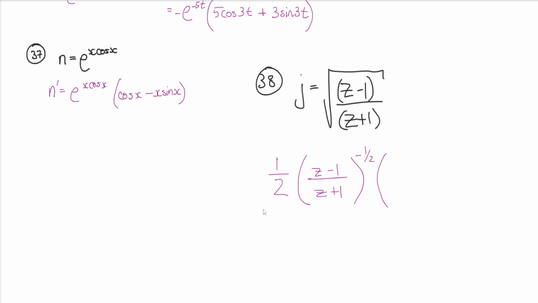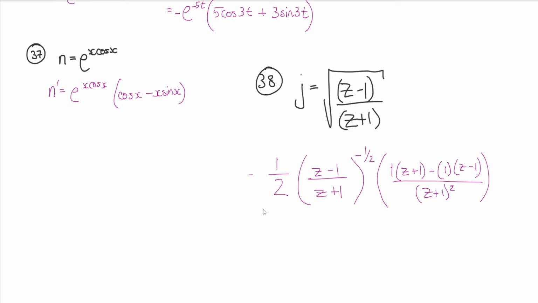So it's the derivative of the first times the bottom minus the derivative of the second, the bottom, which is just this, and then times the top, all over the bottom squared.